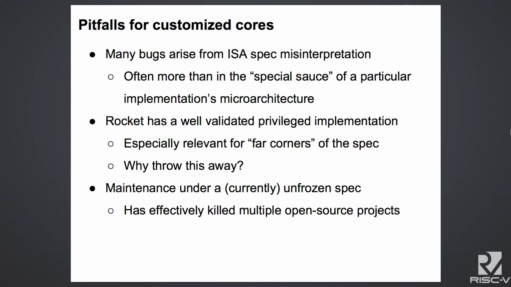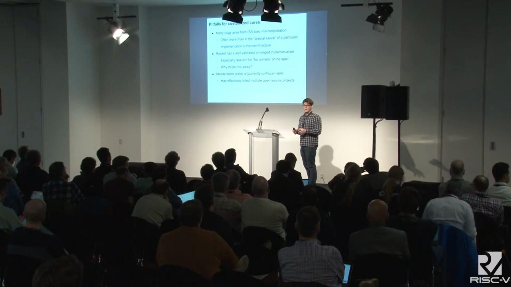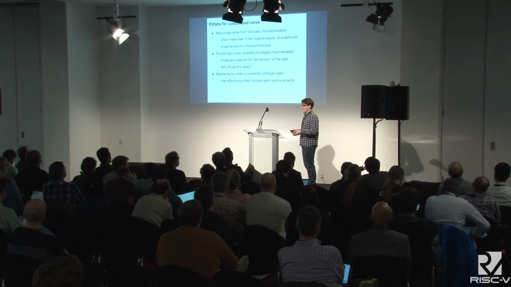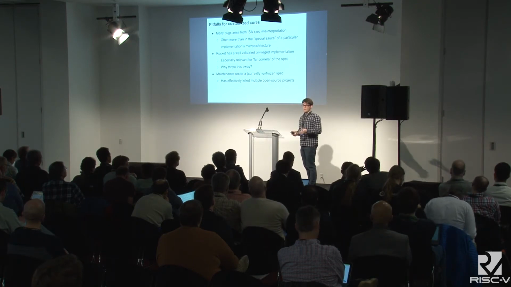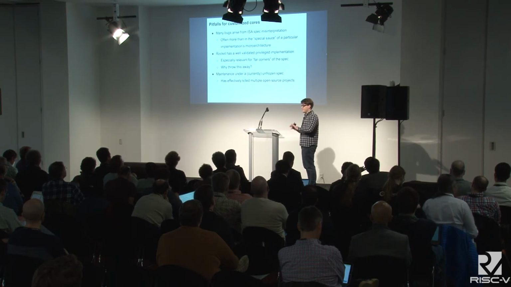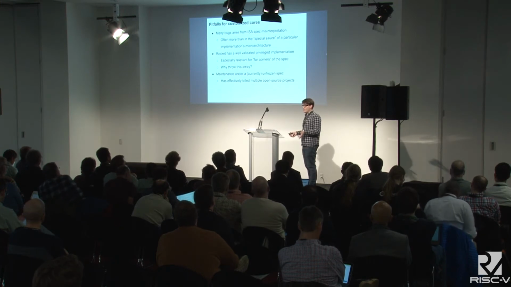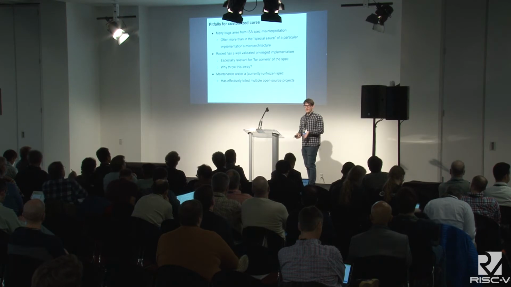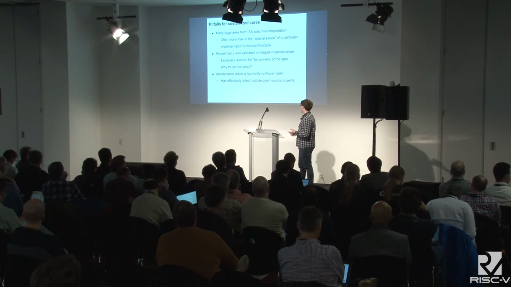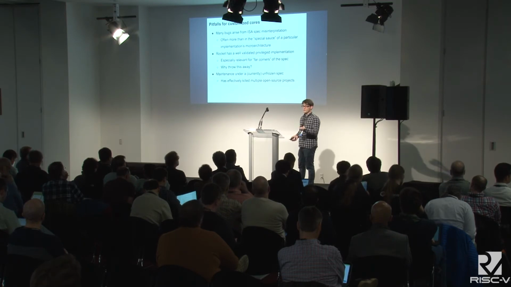And if you think I'm doing something custom and interesting, I'm going to validate the custom and interesting things that I'm doing, it's more likely that you're going to get those special sauce things right because you're going to test them. But then these very deep, far corners are well validated in Rocket and now better validated through RISC-V formal. And why throw away these things when they're pieces that you might never even hit in your test suite?